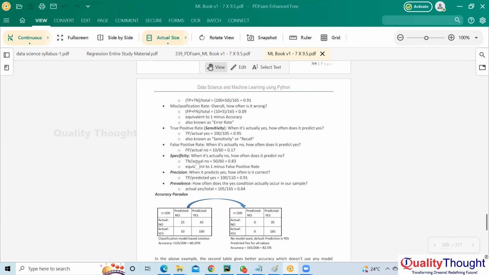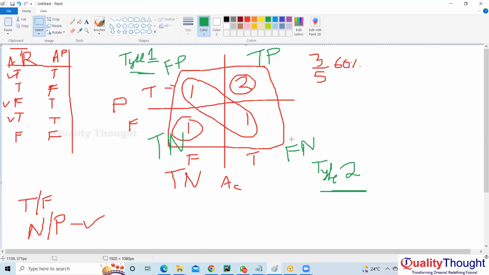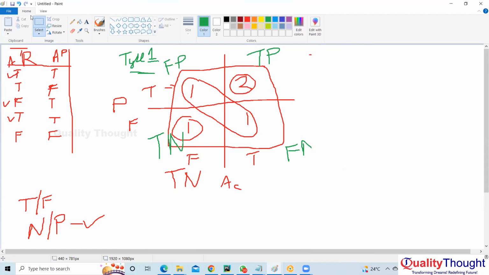Now you'll ask me why so many metrics are used. Okay, I'll give you an example. Let's say there's a multiple choice or true/false question paper.